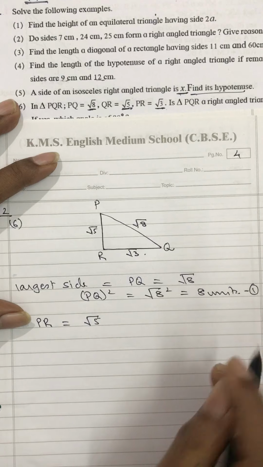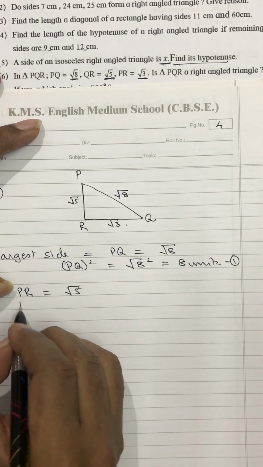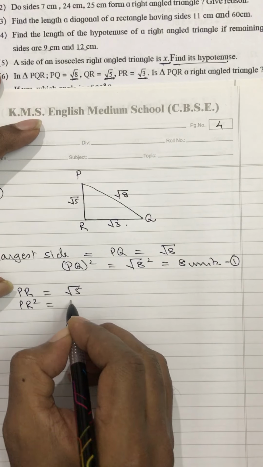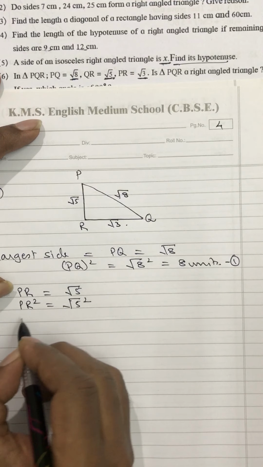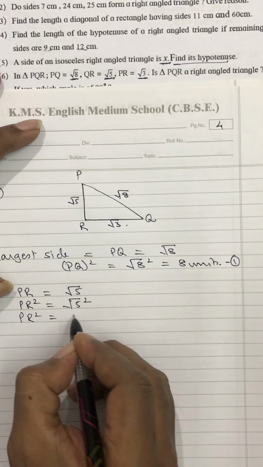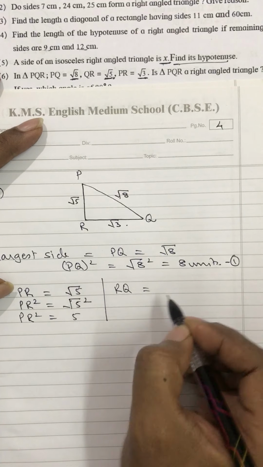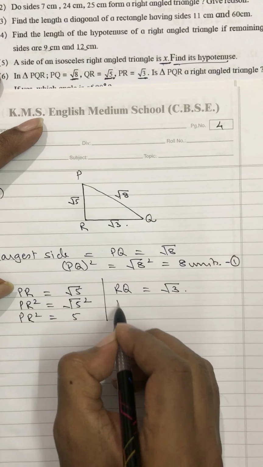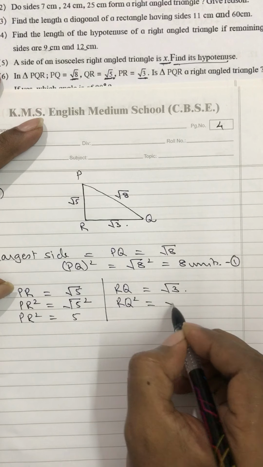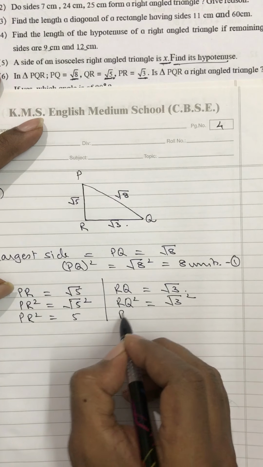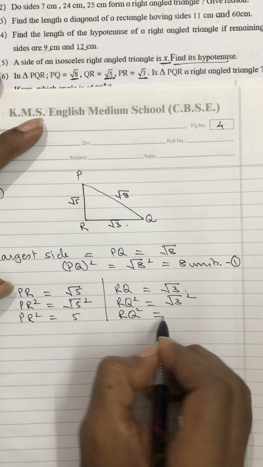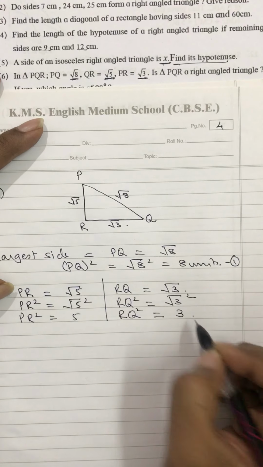This is your 1. Fine. PR is equal to root 5. Therefore, PR square is equal to root 5 square. So you will get PR square is equal to 5. Similarly, RQ is equal to root 3. So RQ square will be root 3 square. So RQ square will be 3.